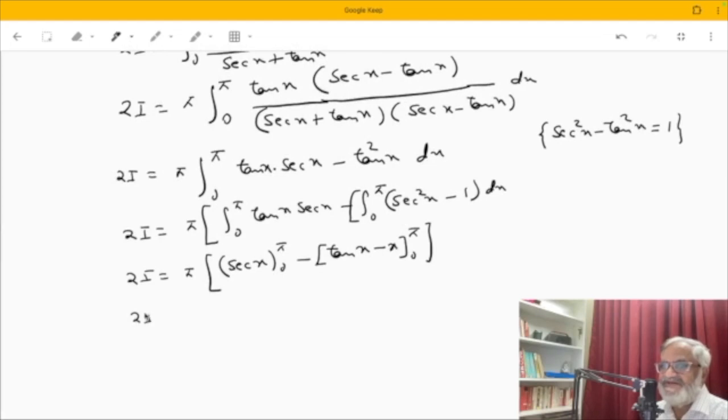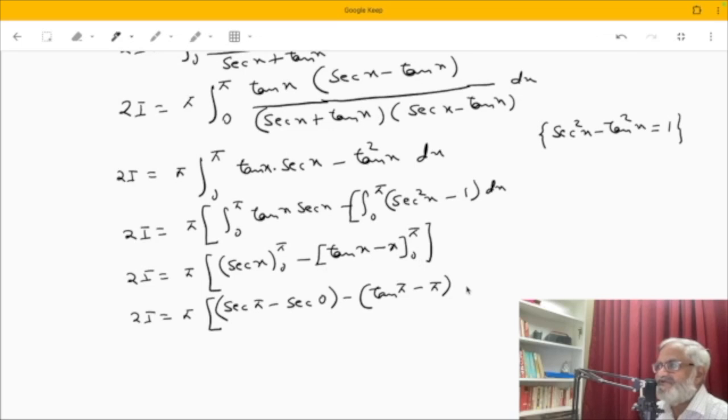So twice I equals pi into the whole bracket, upper limit minus lower limit. So sec pi minus tan pi minus pi, minus lower limit 0: sec 0, tan 0 is 0 and x is 0, so it is 0.